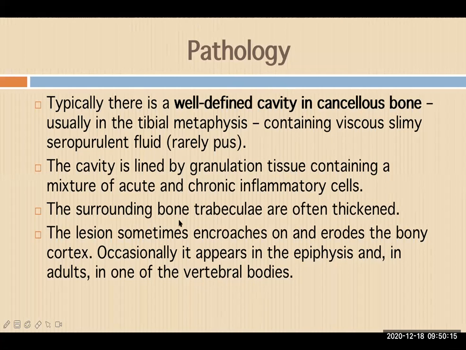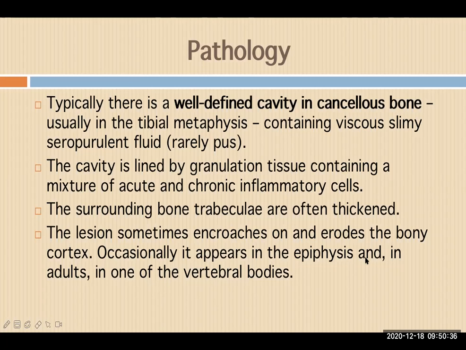The surrounding bone trabeculae are often thickened because of the chronic reaction, and sometimes it may encroach on and erode the bony cortex. It may go a little bit superficial and erode the bony cortex also.